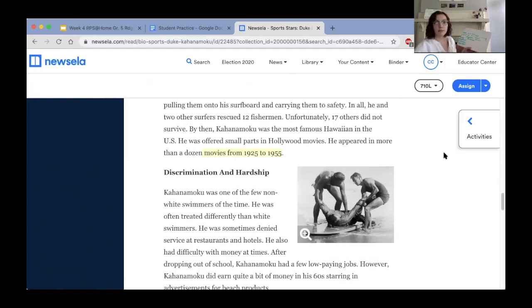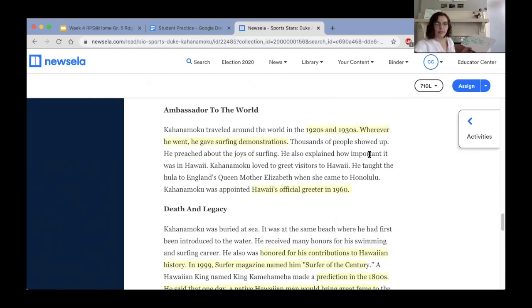For the next couple dates that we have, they take place around the same time and have to do with the same general idea. They're all about Kanahama being a sort of spokesperson for surfing in Hawaii, and a role model to many people too. So I'm going to bundle all of these dates together, because here we see 1925 to 1955, down here 20s and 30s, 1960, all the same idea of what he's doing though.